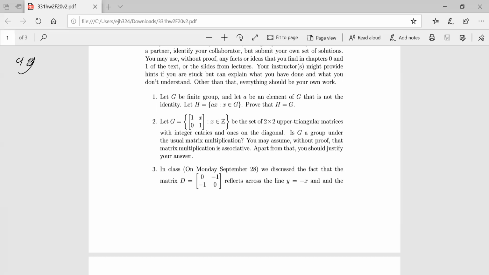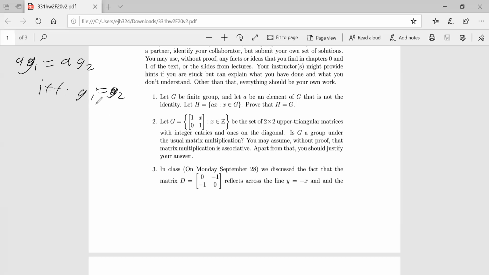But if we have a finite group, A composed with G1 is going to be equal to A composed with G2 if and only if G1 is equal to G2, right? So this is the core intuition that is going to underlie this proof. Does this make sense?